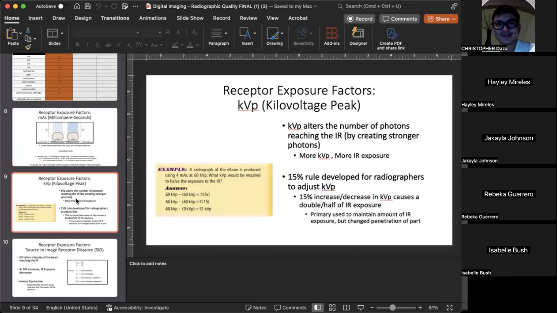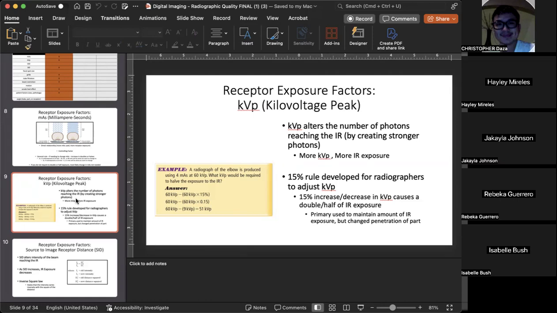kVp. With kVp, it also affects receptor exposure, because kVp affects the quality of our X-ray beam, right? The penetrability of the X-ray beam all depends on the kVp. We've heard that throughout our training, right? When we increase kVp, we're saying, I'm going to make these X-rays stronger so that they can go through this body, right?